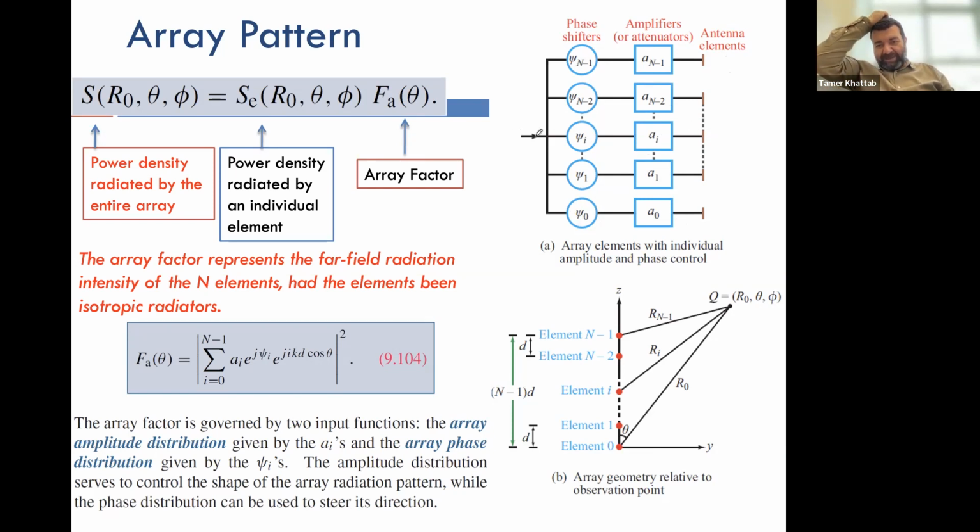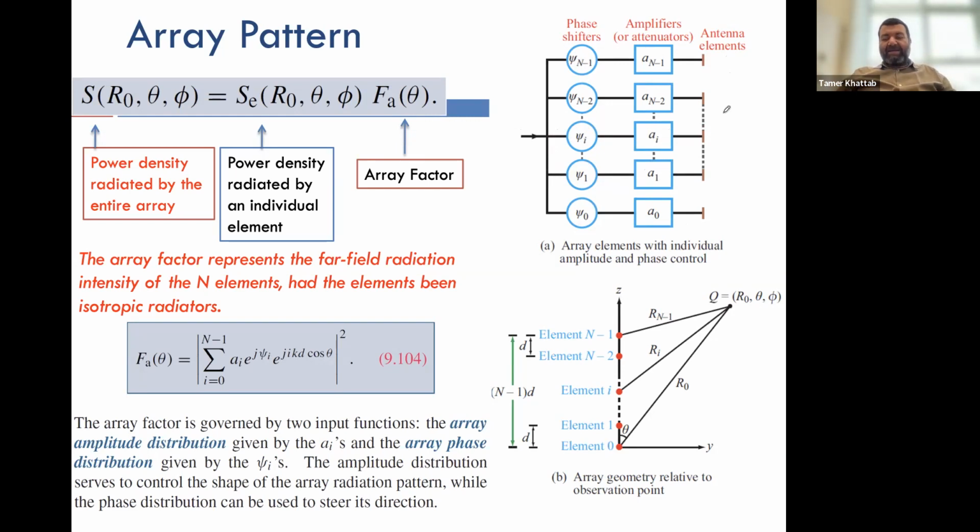So the signal comes from here, it's the same, but then we take the signal that goes through this one, we introduce an epsilon1 phase shift, and we multiply it by a factor A1. So amplitude variation and some phase shift, and then it gets to the output. The same signal here with another phase shift, another amplitude scaling goes to the other antenna element, and so on.